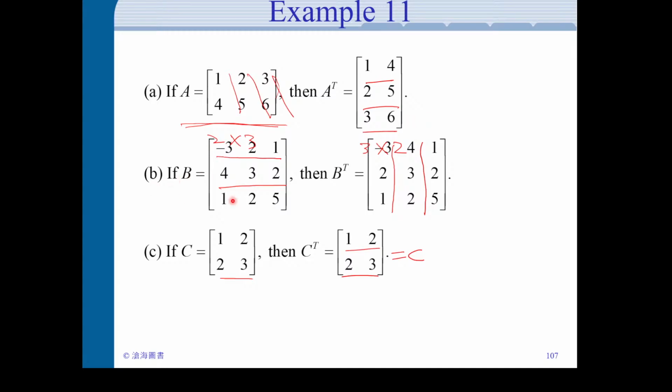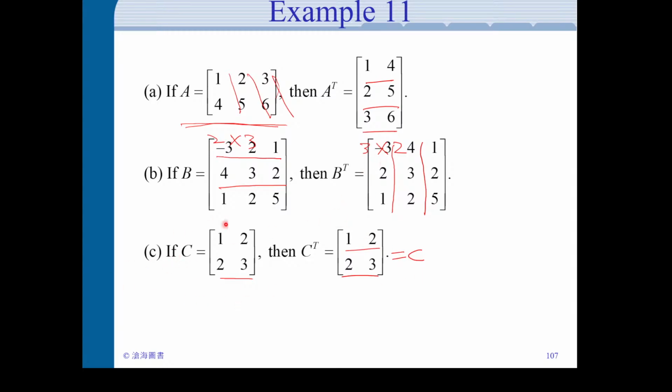Similarly, you have this 3 by 3 matrix, and you can transpose it to this 3 by 3 matrix. Another way to see this is that you swap the off-diagonal elements, so you see 4 swapped with 2.